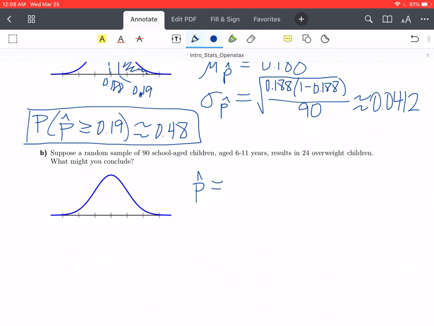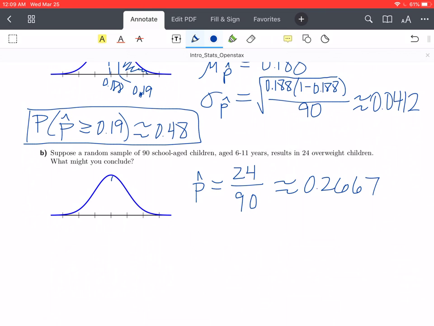So we need to find p hat. So that would be 24 overweight children out of the total 90, which gives us approximately 0.2667, right? It would be 2666 repeating forever, but we'll round it off at some point.